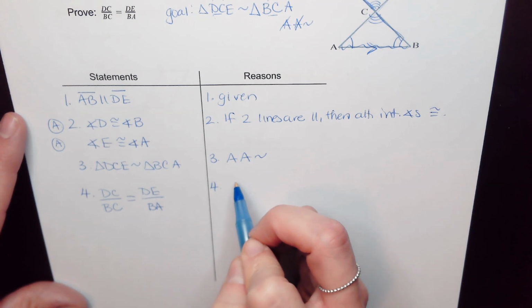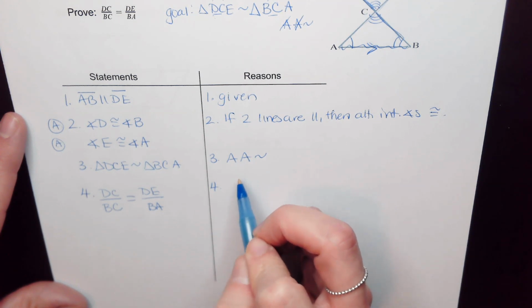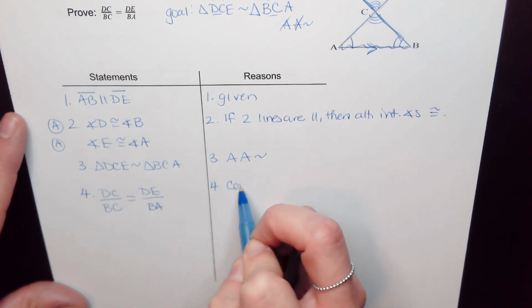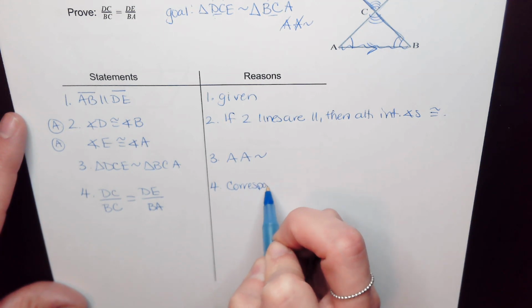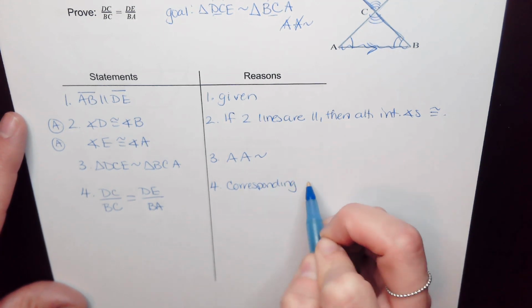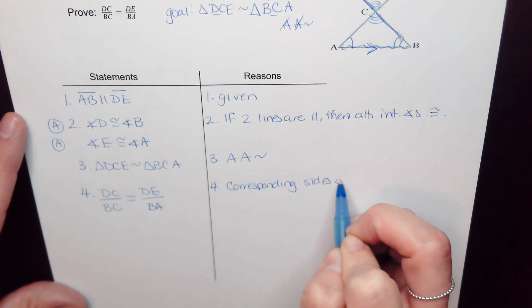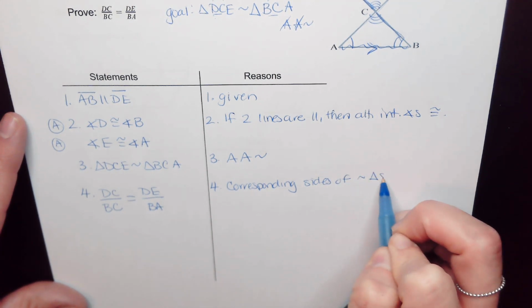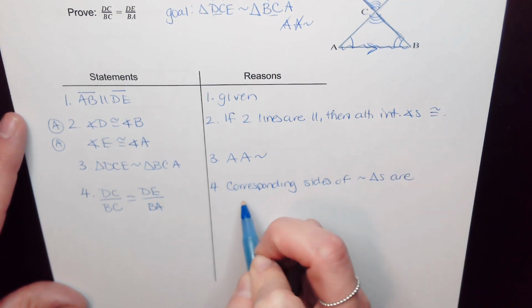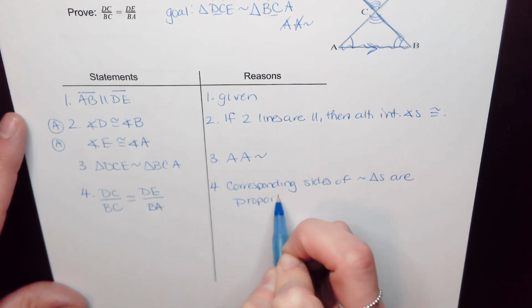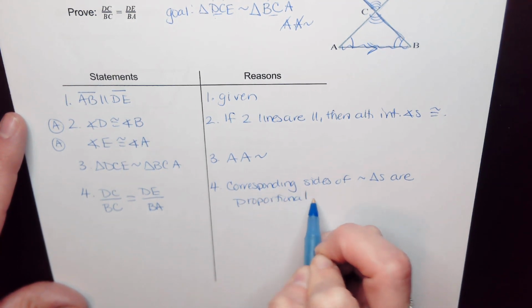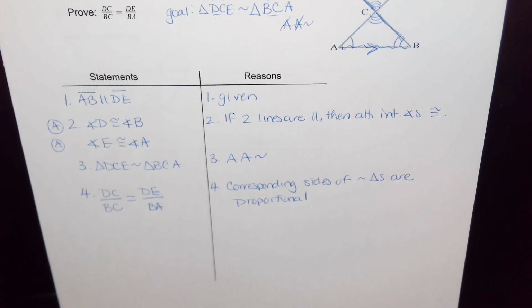And the reason we know that is that once these triangles are similar, we know that corresponding sides of similar triangles are proportional or are in proportion. We don't have a special saying there. There's no CPCTC, nothing like that.